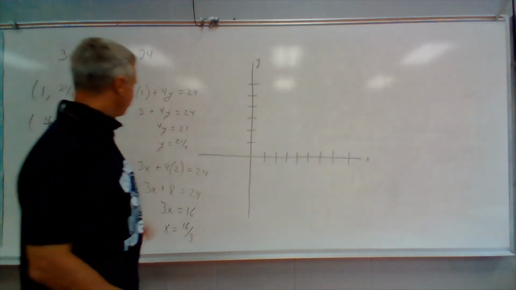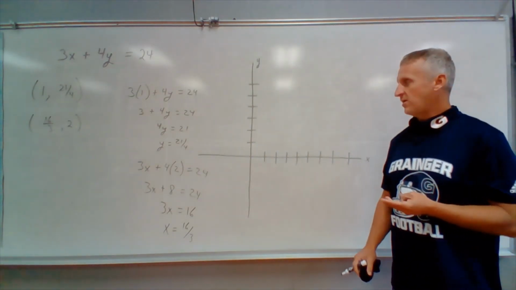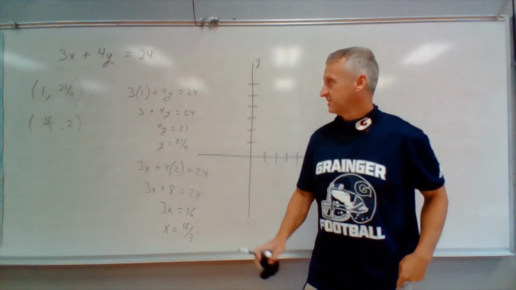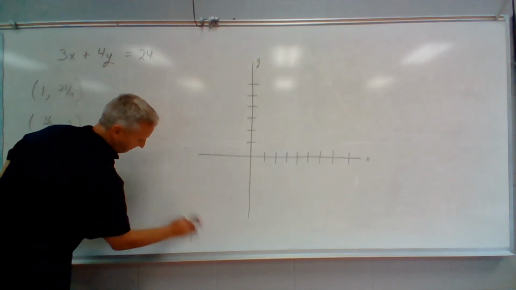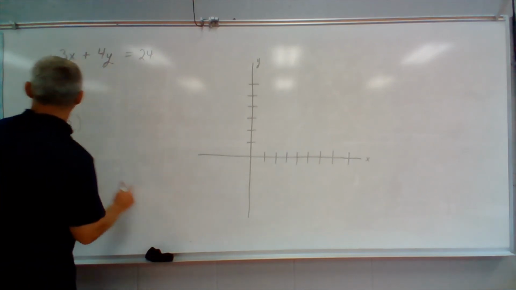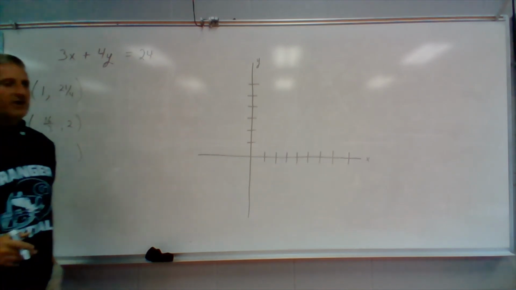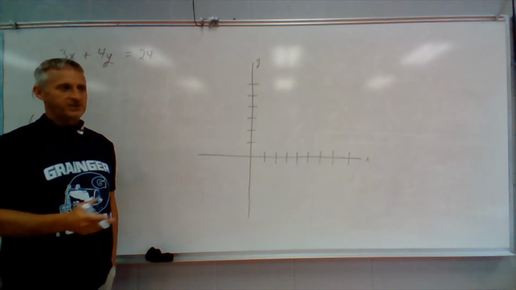Okay, so those are two solutions. Let's see if we can put in a number for x and y that will give us a nicer answer than these fractions. So let's put in a 0 for the x. Remember, we can put in any number we want for x or any number we want for y. Some numbers you plug in might make your answers prettier than others.